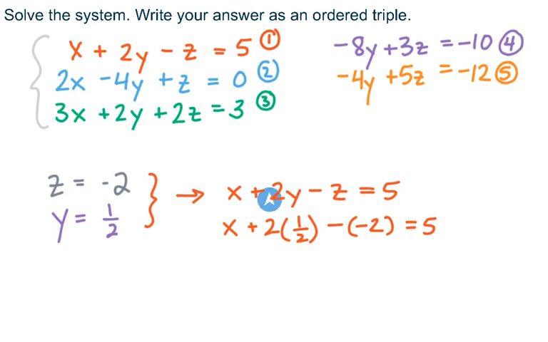I've chosen the first equation, equation 1, so that is x plus 2 times y, which is 1/2, minus z, so minus negative 2. Simplifying this, that is x plus 2 times 1/2 is positive 1, plus 2 equals 5, x plus 3 equals 5, and subtracting 3 from both sides, we end up with x equals positive 2.